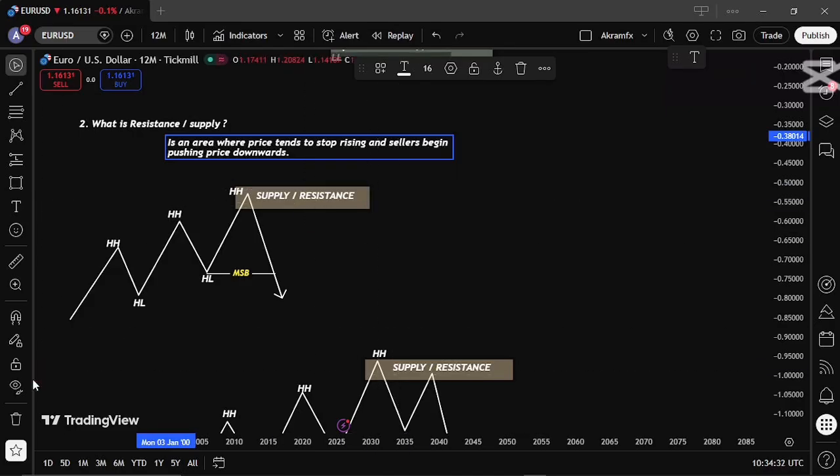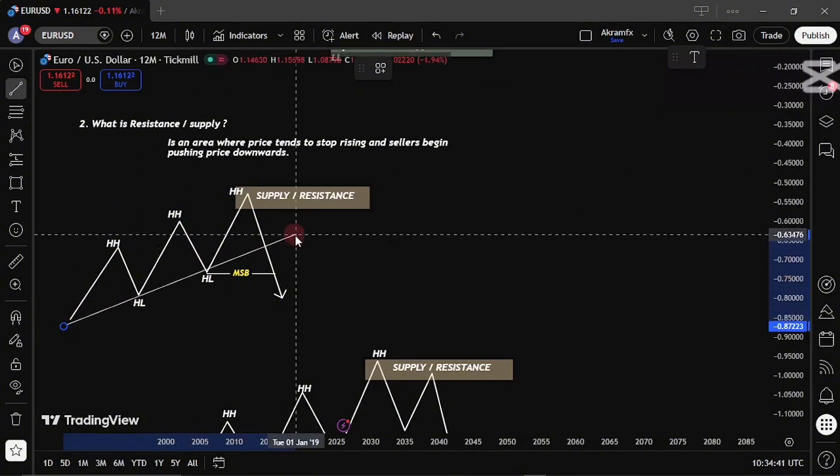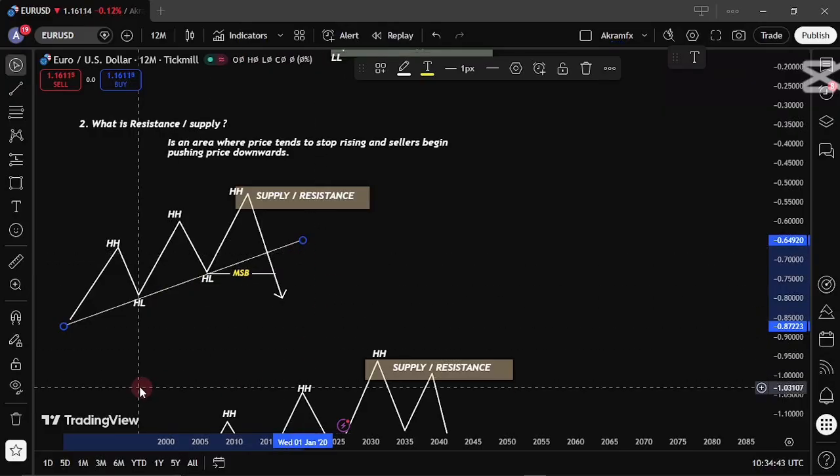In other words, prices are moving higher and higher, like it's an uptrend. Prices are rising, and then definitely at a certain point prices are very high, and then sellers come in. Sellers want to sell their products when the prices are high in the market so that they also make profits.